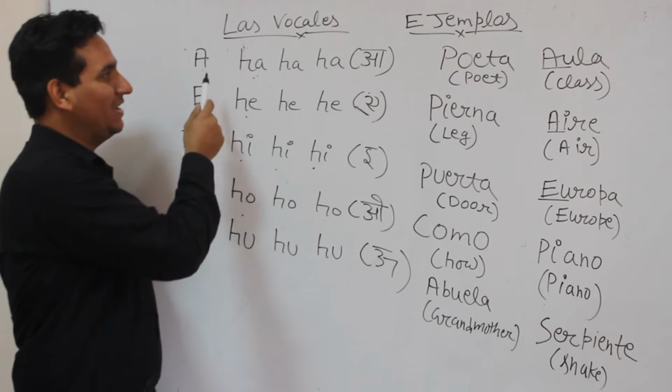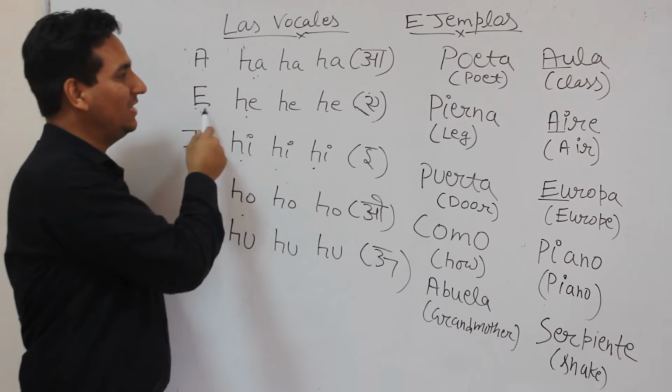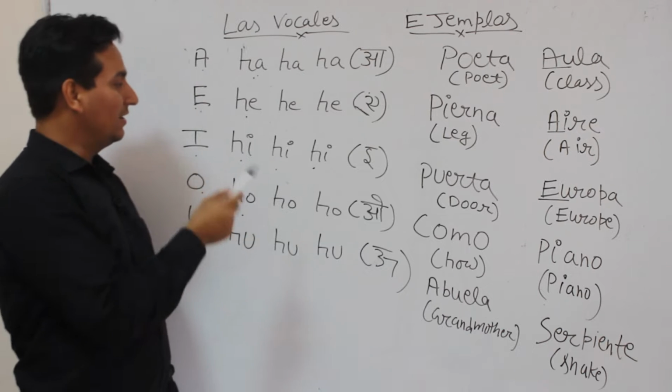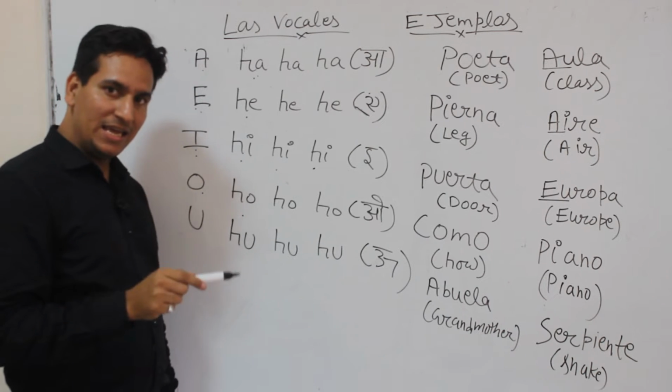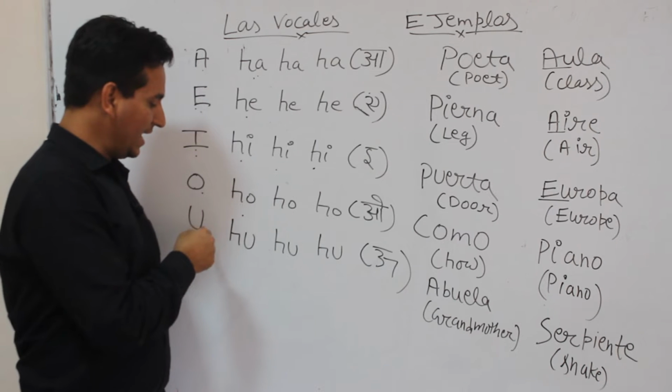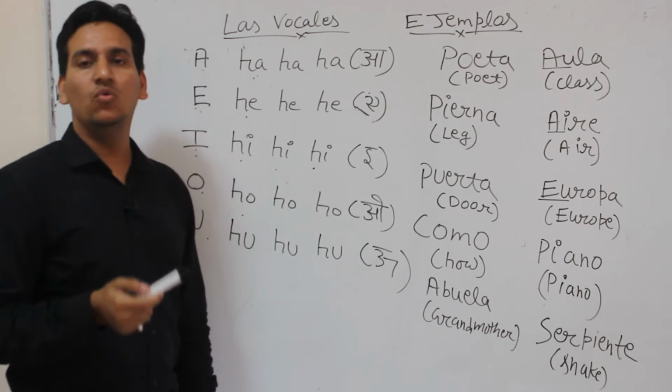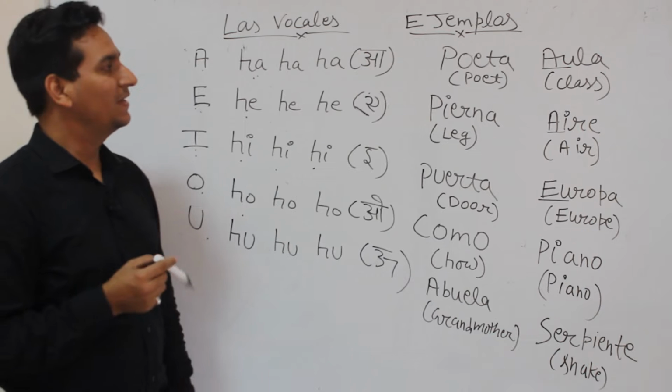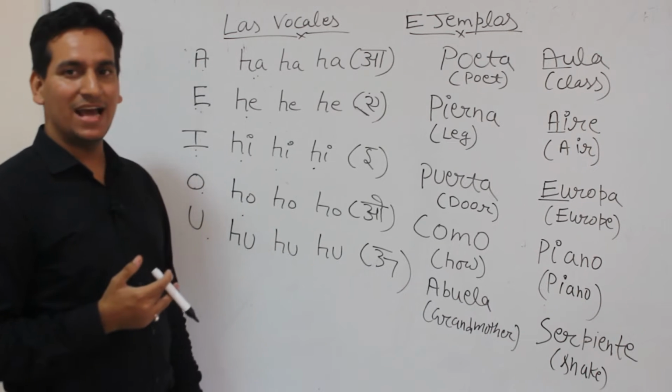So A is A, E is A, I is E, O is O, and U gives U sound. This is really important.